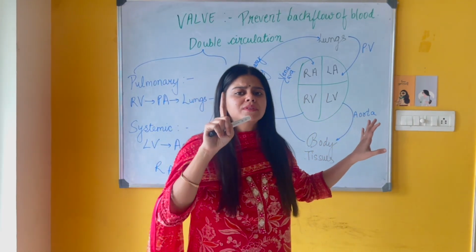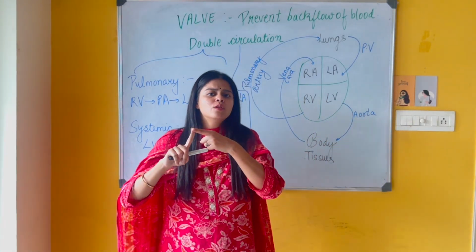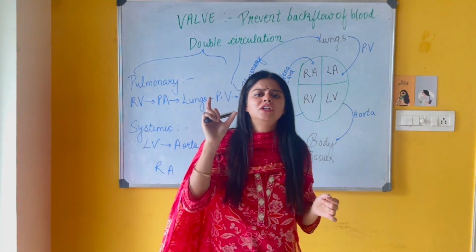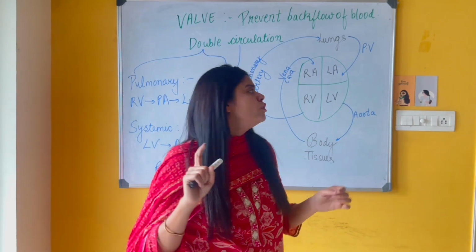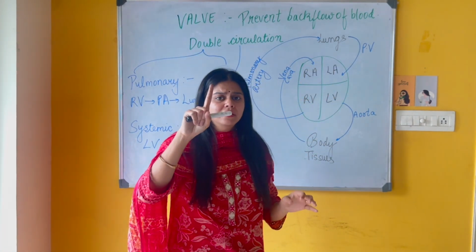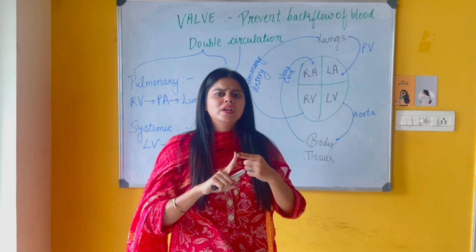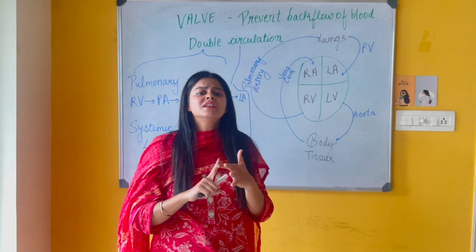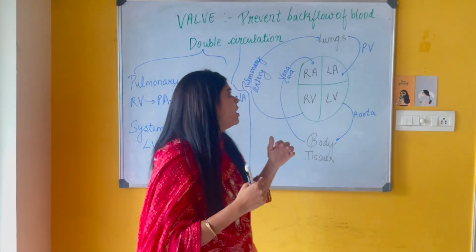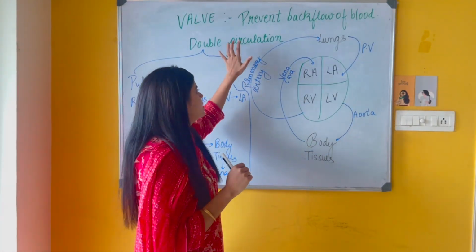What is the definition for double circulation? Blood flows twice through the heart to complete one cardiac cycle. Once in pulmonary circulation, the other in systemic circulation. That is why the circulation in humans is called double circulation.